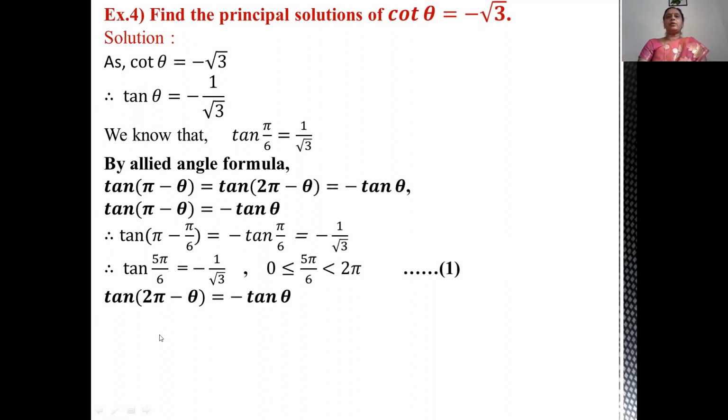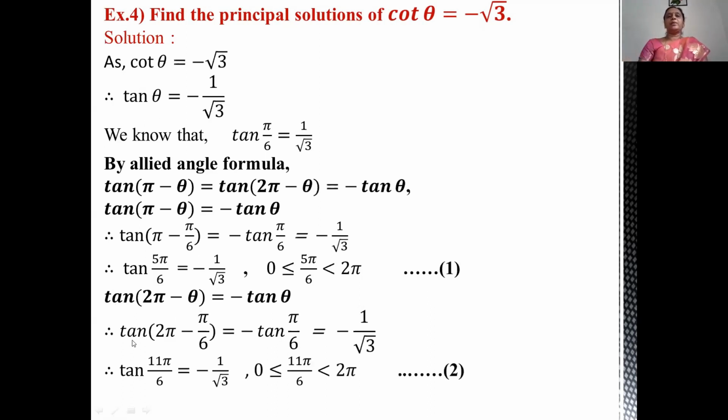Now again use the formula tan(2 pi minus theta) is equal to minus tan theta. Keep your value of theta as pi by 6, simplify it, and after simplification we will get tan 11 pi by 6 is equal to minus 1 by root 3. Convert this 11 pi by 6 into degrees, that is a 330 degree angle.